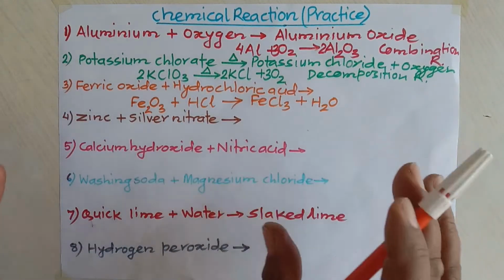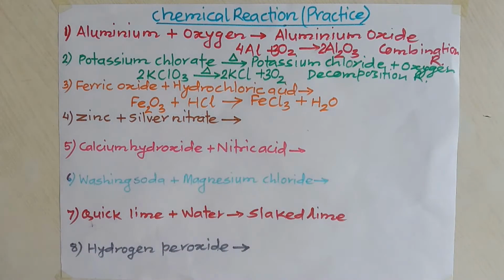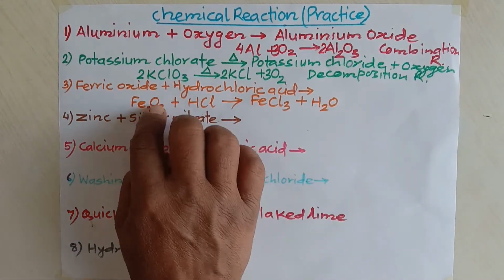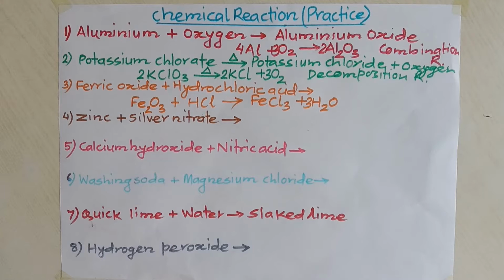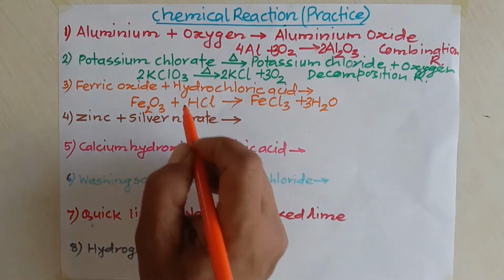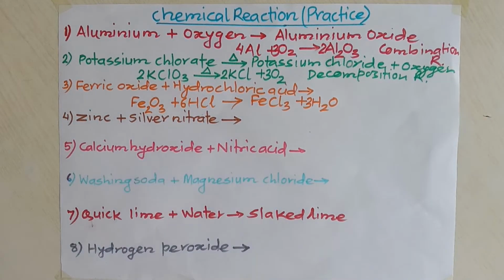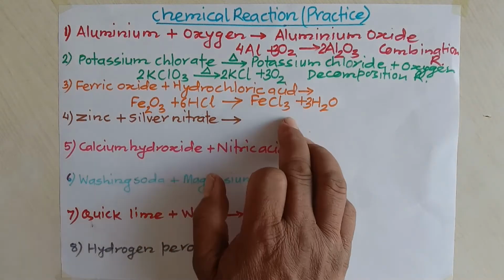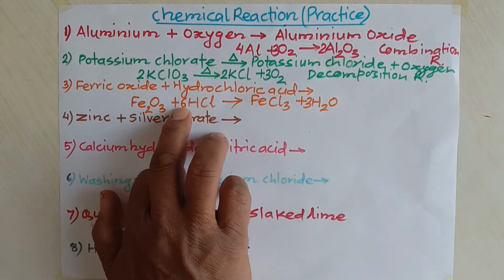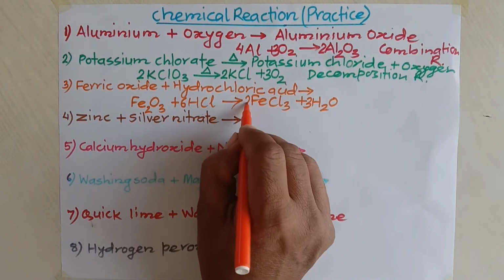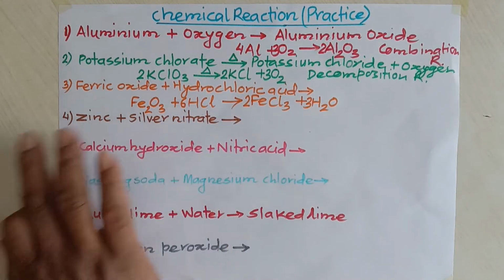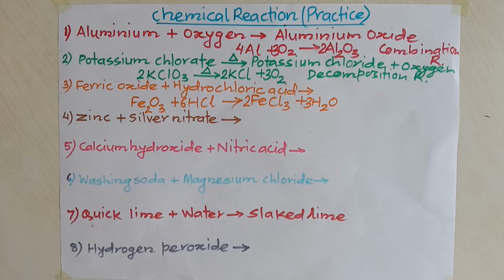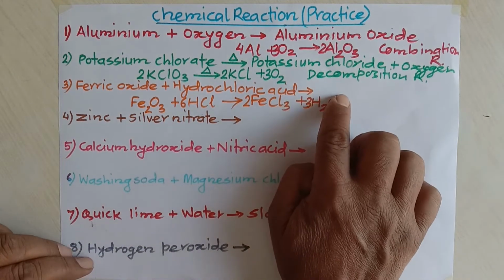This formula equation is okay, but we have to balance this. Oxygen 1, oxygen 3. Here if I take 3, then it is balanced. Now hydrogen 3 2s are 6. If we take here 6, then it is balanced. Chlorine here 3. Here chlorine is 6. That's why if I take here 2, now chlorine 3 2s are 6, balanced. Iron is 2, iron is 2, it is a balanced chemical equation. Now I have to write the product also.